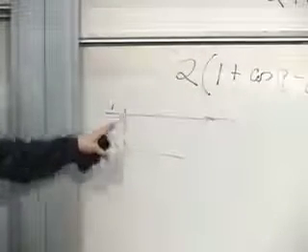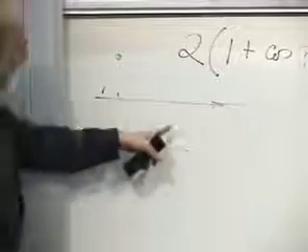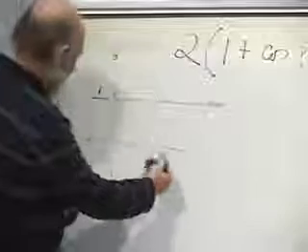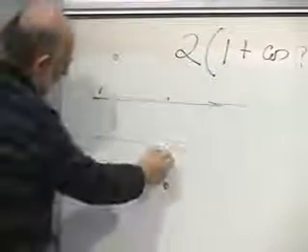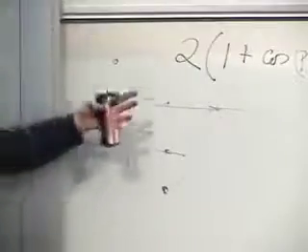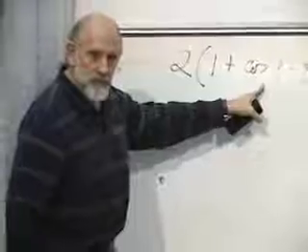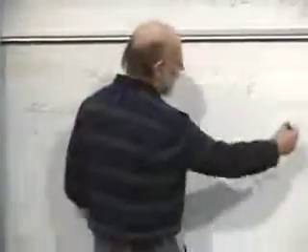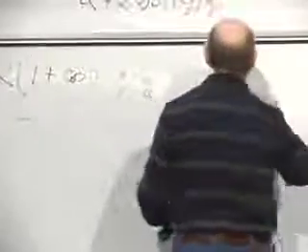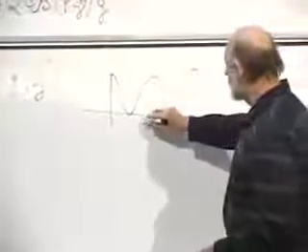Where they enhance each other, they're twice as big. Where they cancel each other, where the 1 cancels the cosine, the answer is 0. In other words, there are places in this function where the answer is 0. Okay? In fact, what the sum of the two functions looks like is it looks like this. There are places where it goes to 0.